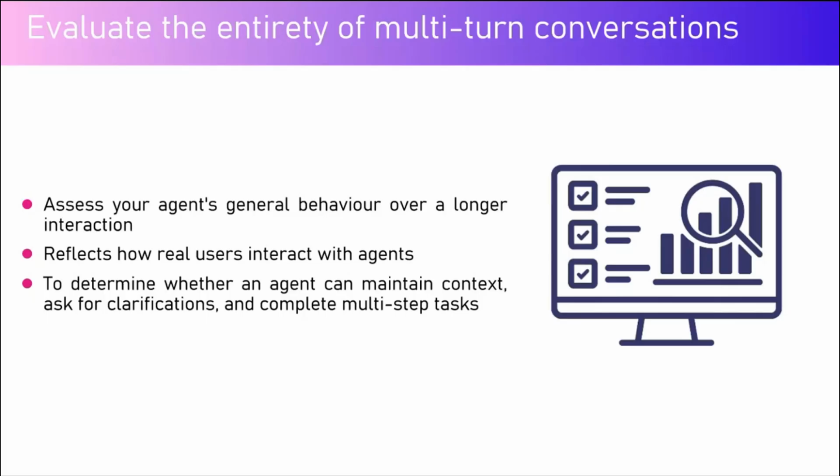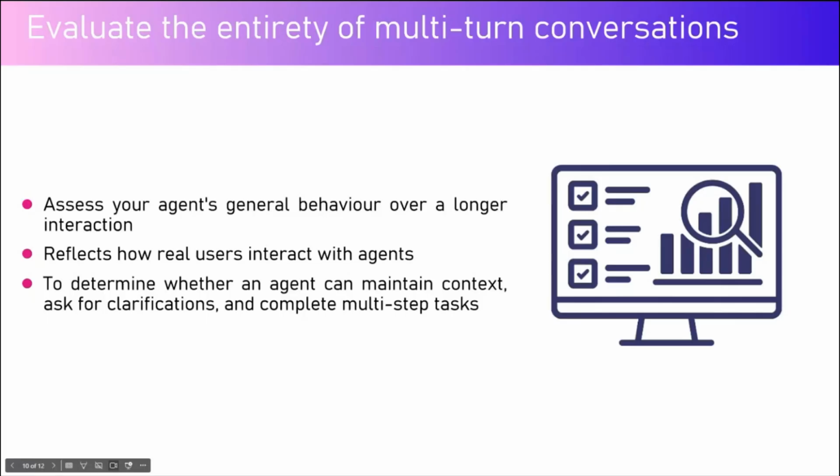It improves the accuracy by validating agent quality across the full conversation flow and not just isolated responses. And it reduces the production risk because then we can detect context loss or breakdowns over multiple turns, because sometimes it happens after a few interactions.